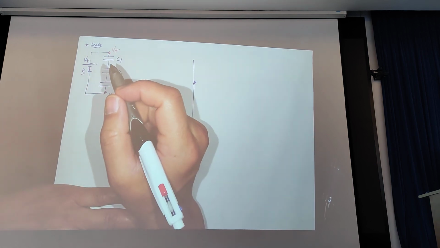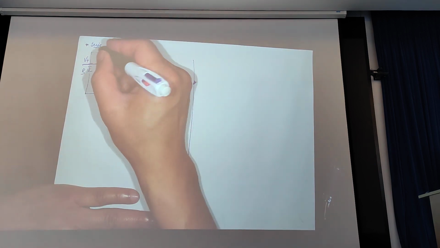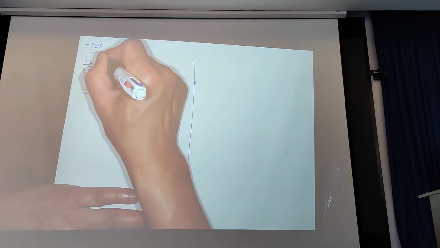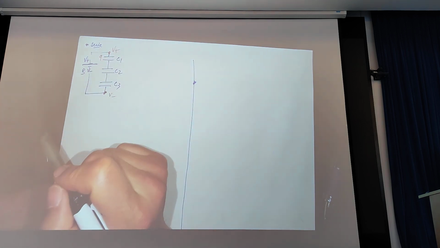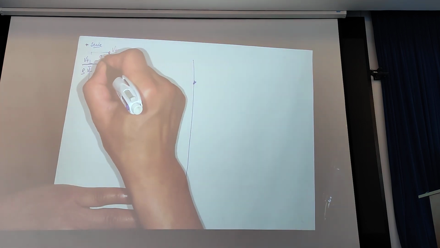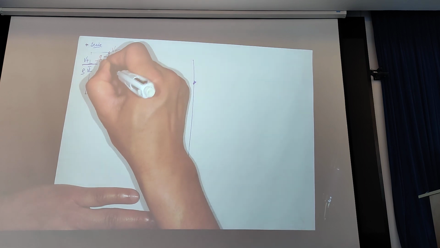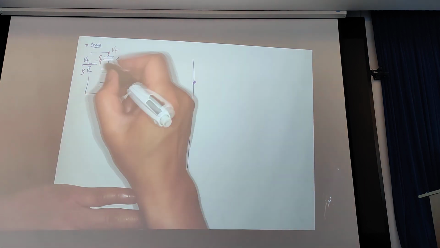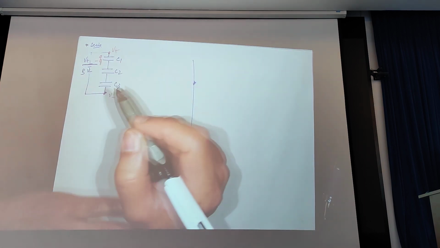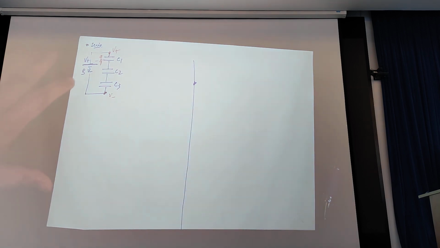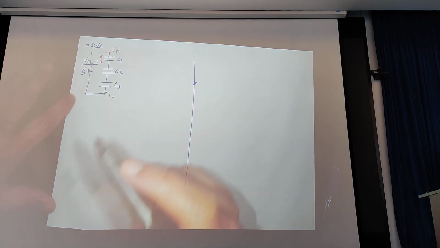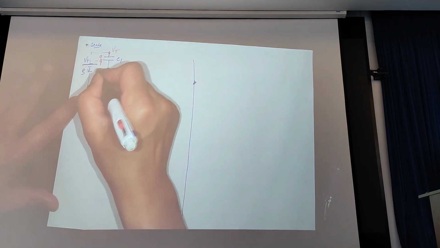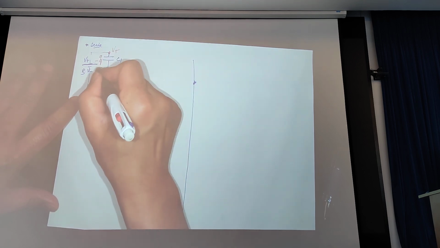But we know in that case that if we have the charge Q here, then necessarily you have the charge minus Q here, because the circuit is neutral.